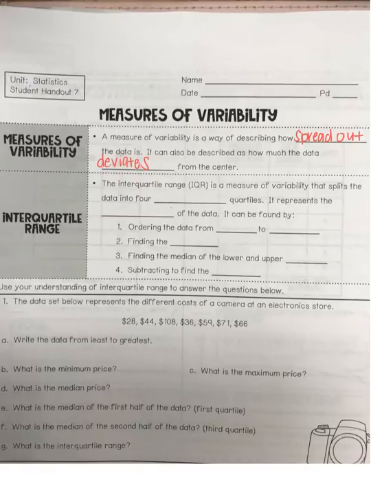Okay, so today we're going to talk about something called the interquartile range. Okay, what do you think inter means? Middle or between. What does quad mean? Four. So the interquartile range is a measure of variability that splits the data into four equal-sized, or congruent, quartiles.